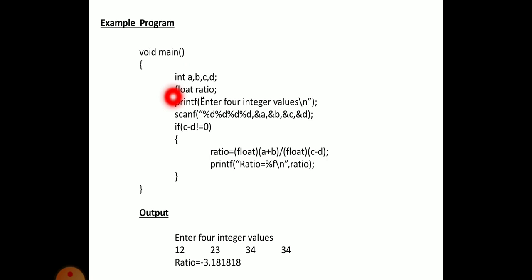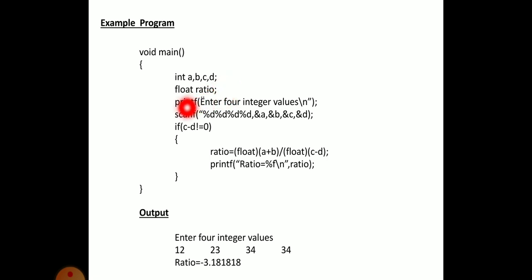When we have to declare variables of a similar type, we can declare them in a single statement by separating them with commas. So int a, b, c, d means we are declaring four integer variables, all separated with commas, and the statement is terminated with a semicolon.